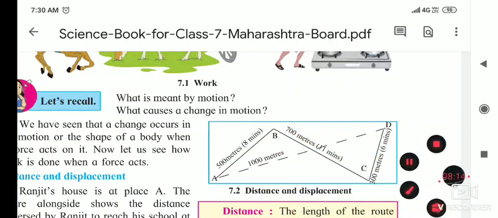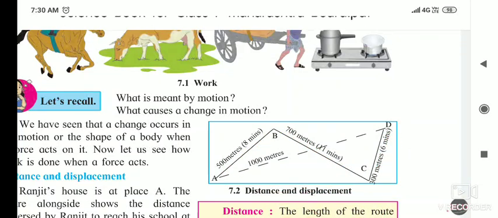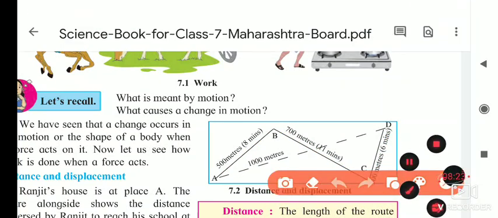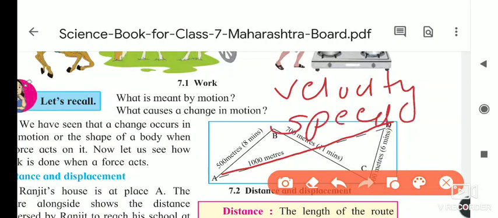Instead of choosing this way, that is AB, BC and CD, if he uses the direct way, that is AD, at that time the velocity and the speed, both values will be the same. The reason behind it is that for velocity, how much displacement will be there? 1000 only.